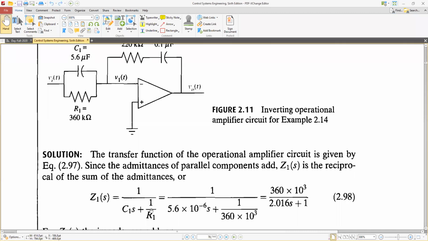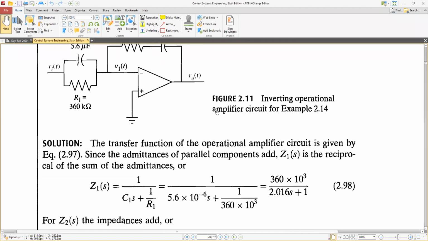That is Z1 is equal to 1 by C1s plus 1 by R1. And how does it come? This one, Z1, both are in parallel, right? Since it is parallel, Z1 would be like this.